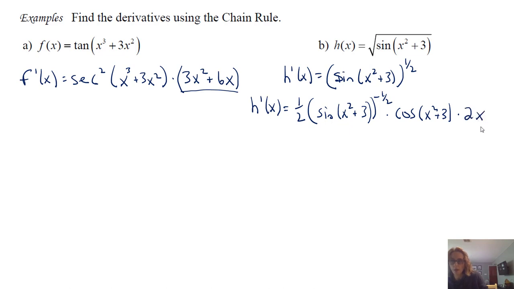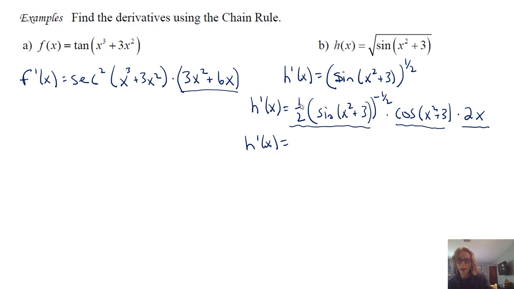there we go. So that's why it's a multiple chain rule, because it wasn't just that power rule times the derivative of the inside. The derivative of the inside required the power rule too, so we had to take the derivative of the inside of that. And then I'll just simplify this one kind of quickly.